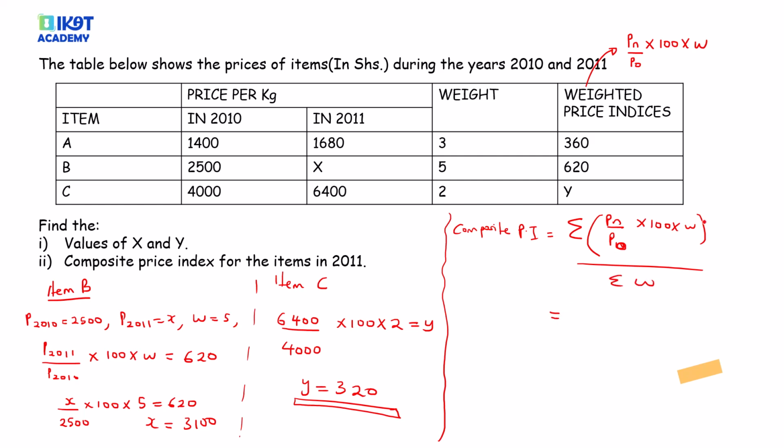Luckily for this question we already had the weighted price indices, so we can just add them: 360 plus 620 plus Y, which we got as 320, divided by the sum of the weights, 3 plus 5 plus 2. So this is 1300 out of 10. The answer is 130. So you found the composite price index for the items in 2011.